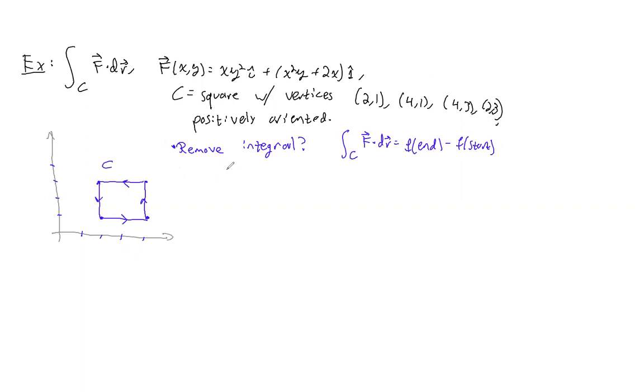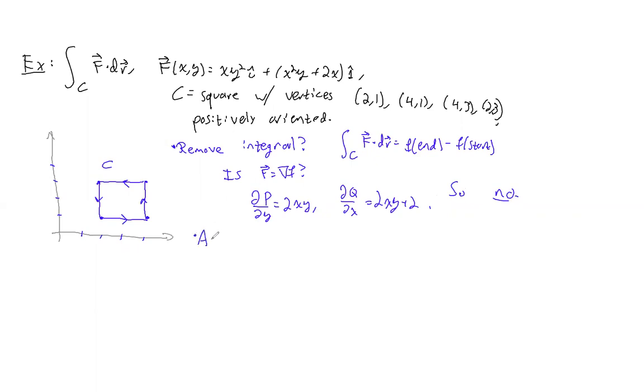So that's the question: is F equal to the gradient of little f for some little f? Well, del P del y is 2xy, and del Q del x is 2xy plus 2. So these aren't equal. So no, you can't use that strategy.